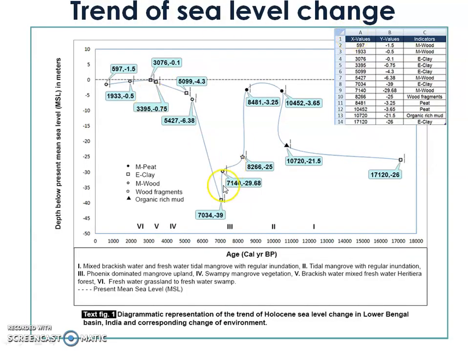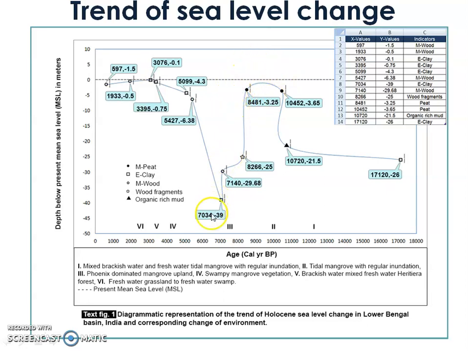We can see in this sea level change trend graph that since 17,000 years BP up to the present, sea level fluctuation has occurred. During 8,000 to 9,000 years BP, that is before present, the sea level was very high, which is called the transgression.